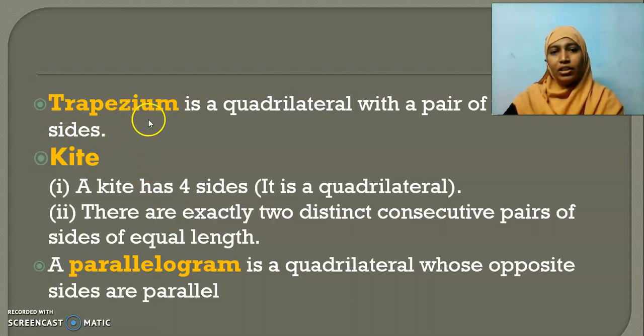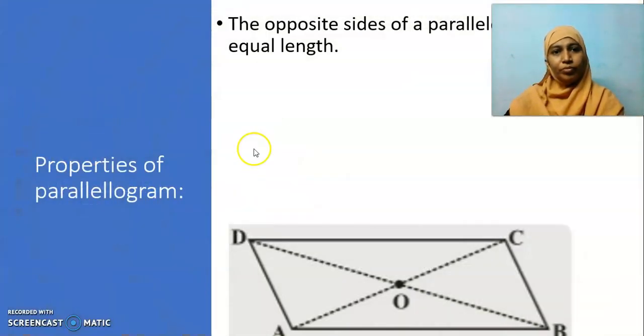So, we can say that all kinds of parallelogram like a rectangle, rhombus, square, everything is a trapezium with a special condition. But all trapeziums will not be squares. Is it clear? Squares are trapeziums, but all trapeziums need not be squares. We should know this to understand. Okay, we will discuss many things in this video now.